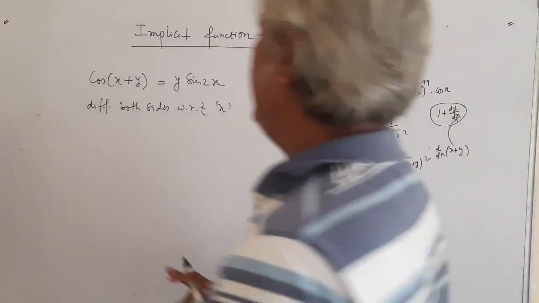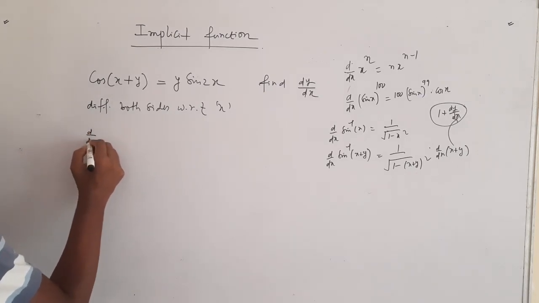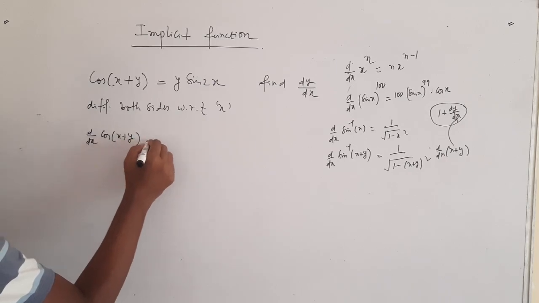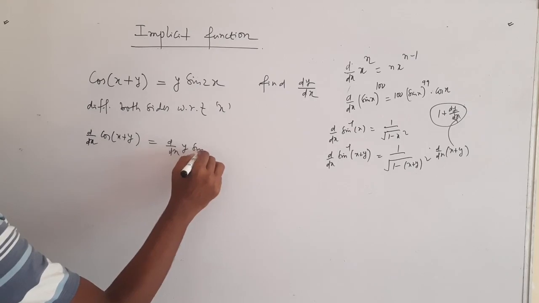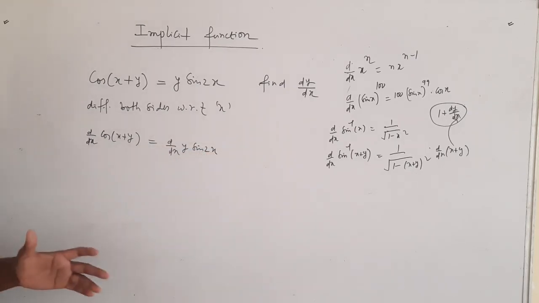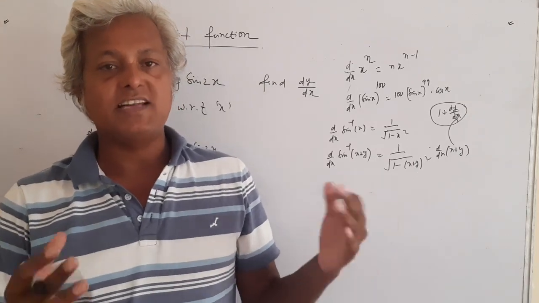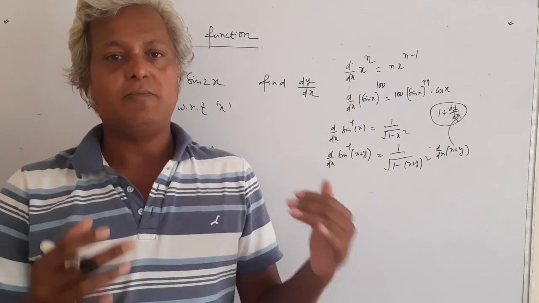Same way, when I have to differentiate this one, I'll do d by dx of cos(x + y) equals d by dx of y sin 2x. Different people explain the same thing differently. If you want to understand the concept of differentiation, I'll suggest you watch some of my videos.